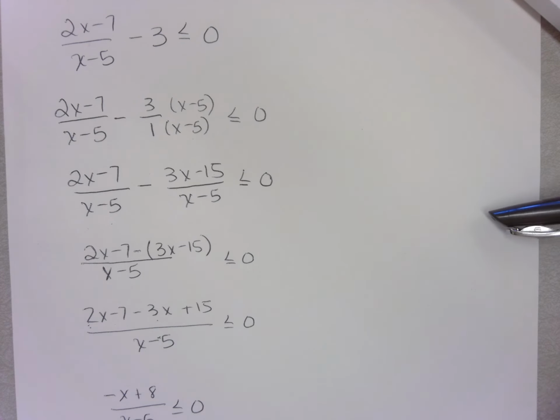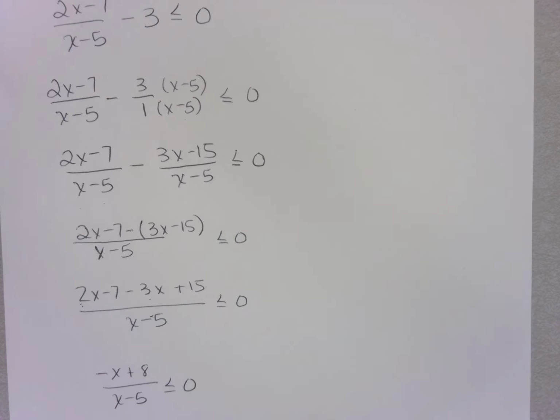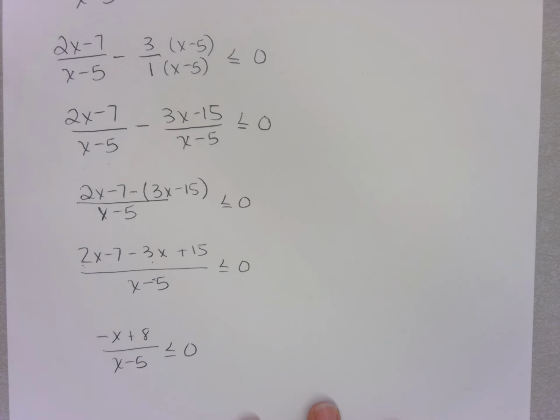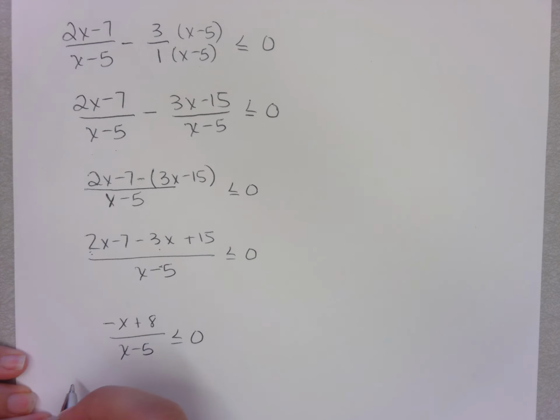Now that I've achieved my end goal and have it in one single fraction, this is kind of like the quadratic part. I find any zero that would make my numerator 0, because that would make my overall function 0, and I find any number down here that wouldn't be part of the domain. So from the top, I set them equal to 0 separately.